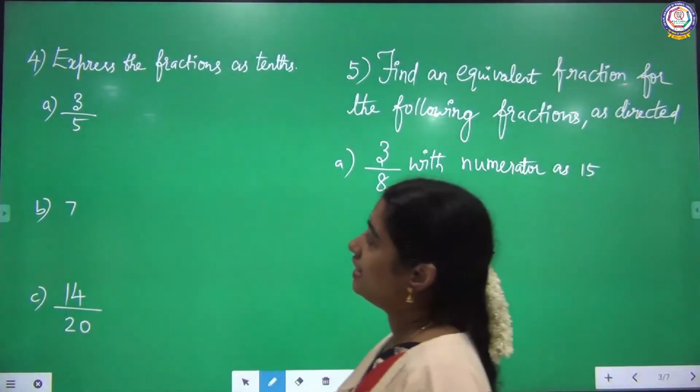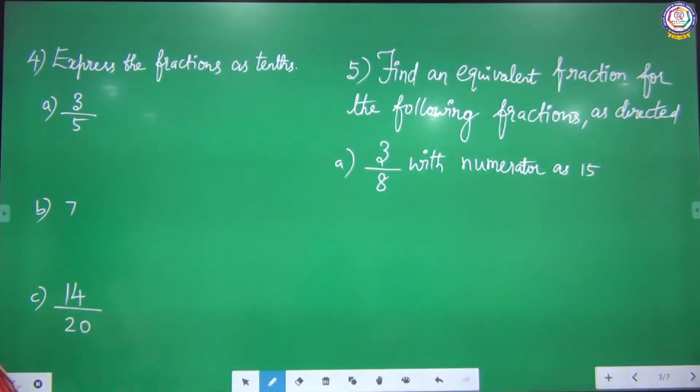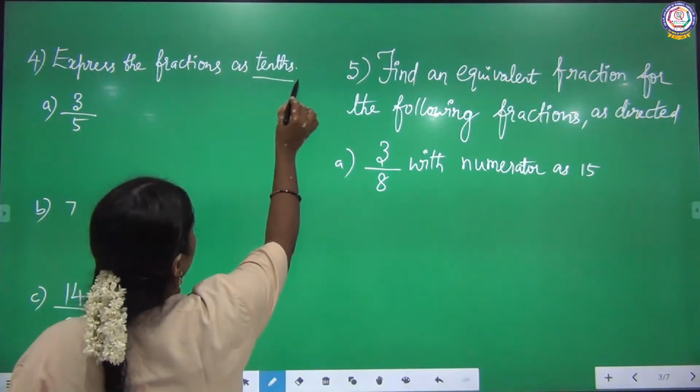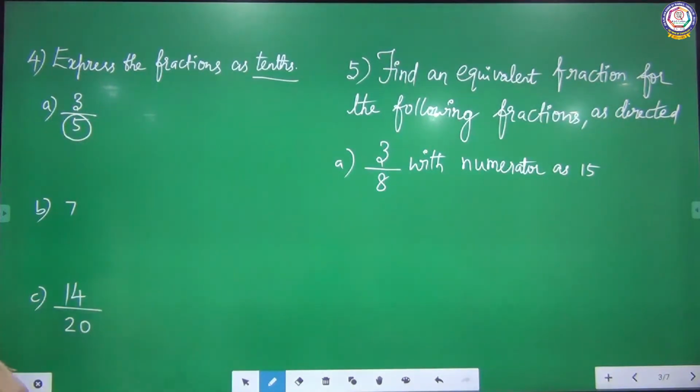Listen. Express the fraction as tenths. So this denominator I am going to write in tenths. Already 5 is there. So what I multiply, I can get tenths there in the denominator.